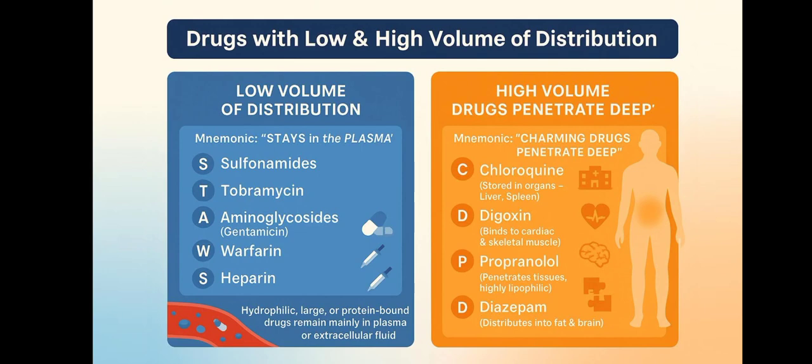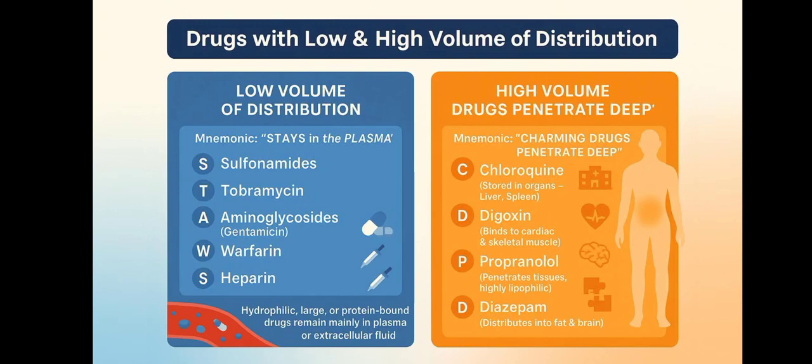In summary, distribution determines where a drug travels in the body, while the apparent volume of distribution quantifies this spread only theoretically. Several factors, including physico-chemical properties, lipid solubility, tissue binding, blood flow, body composition, and disease states, collectively influence how much and how fast a drug moves from blood to tissues.